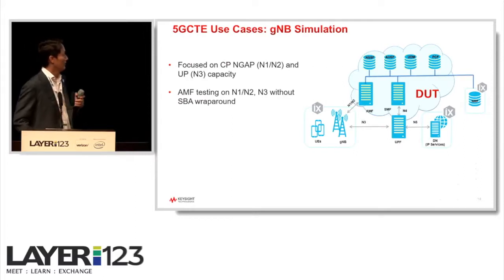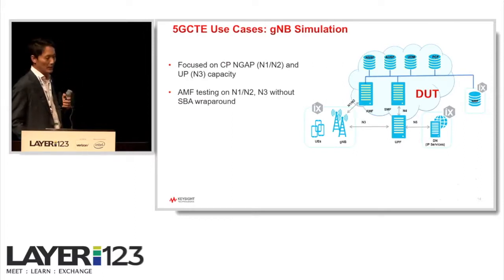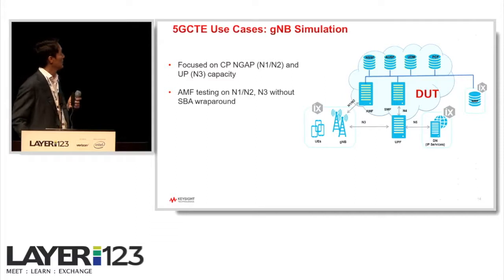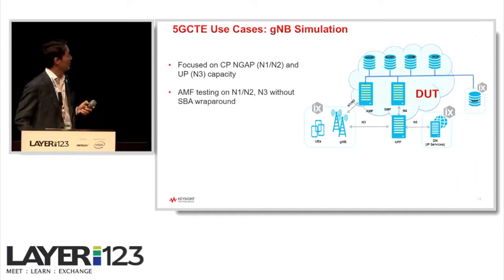The other use case here is that you actually want to conduct the entire core test for 5G. And this is also possible. We can actually simulate thousands of gNodeBs out there, as well as UEs, and also on the internet gateway side, as well as the user authentication infrastructure as illustrated there.